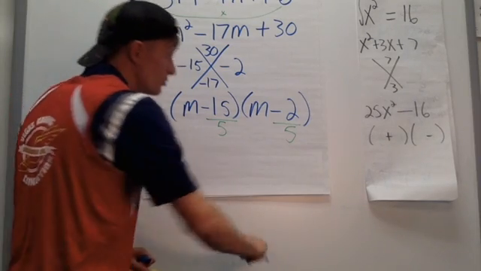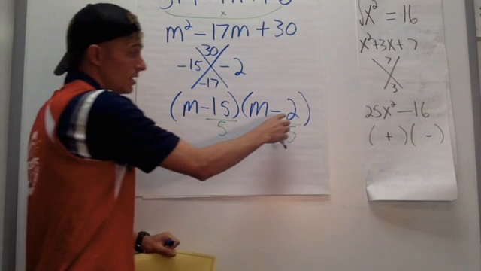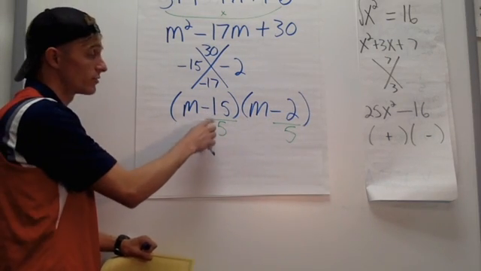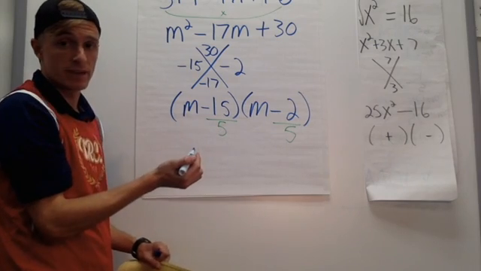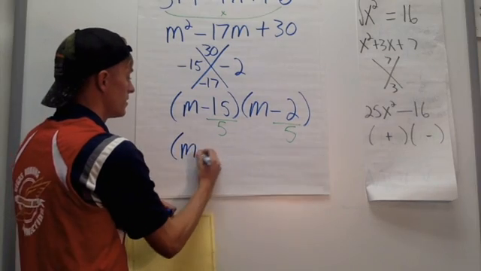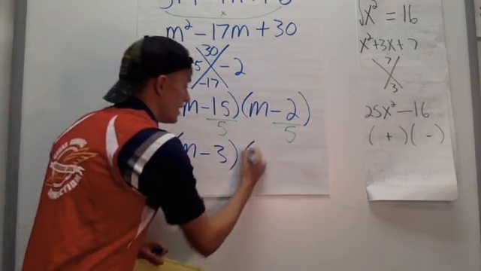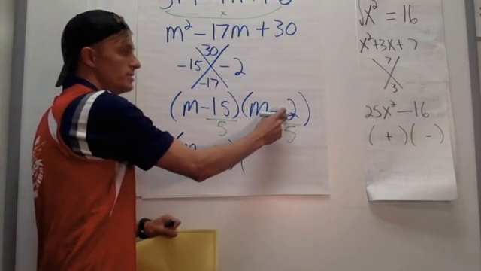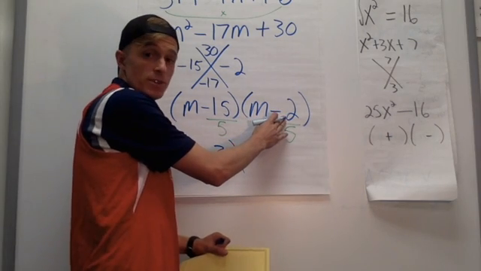Now we have to reduce our fractions. So 15 over 5 and 2 over 5. So let's reduce 15 over 5. Well, what is 15 divided by 5? It's a 3. So our new factor is m minus 3. And this fraction right here, negative 2 over 5, well, this fraction doesn't reduce.